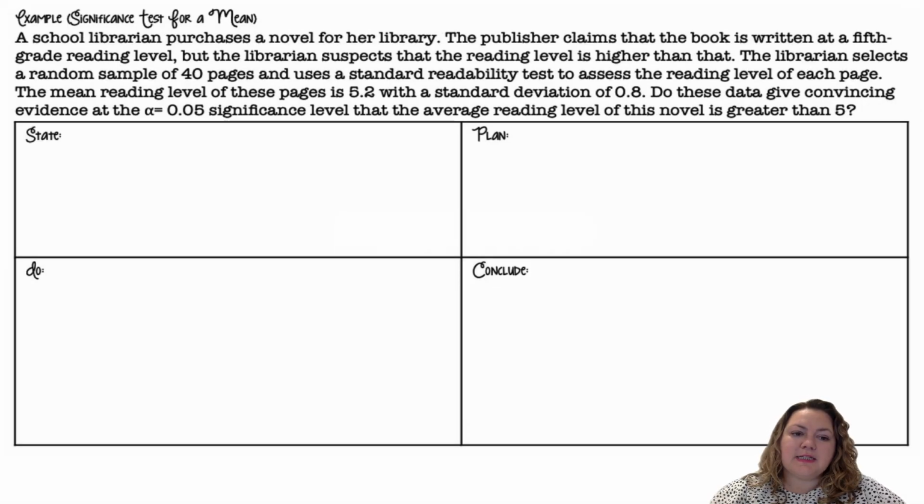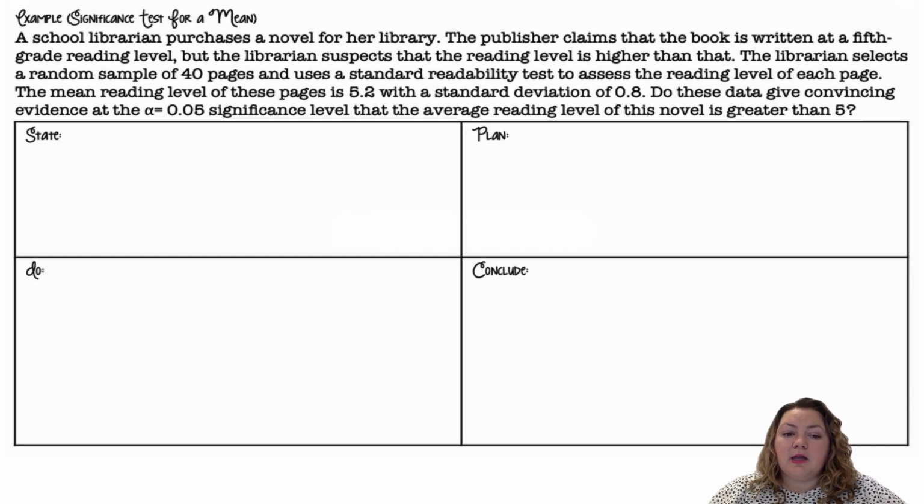All right, so an example of a significance test for a mean. A school librarian purchases a novel for her library. The publisher claims that the book is written at the fifth grade reading level, but the librarian suspects that the reading level is higher than that. The librarian selects a random sample of 40 pages and uses a standard readability test to assess the reading level of each page.